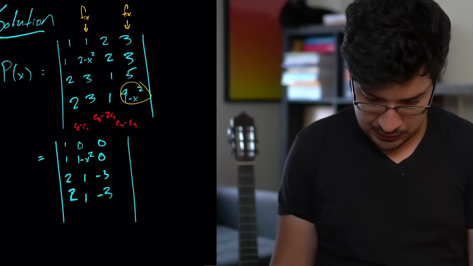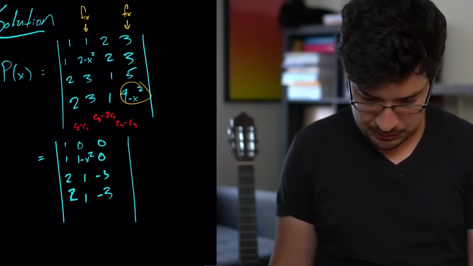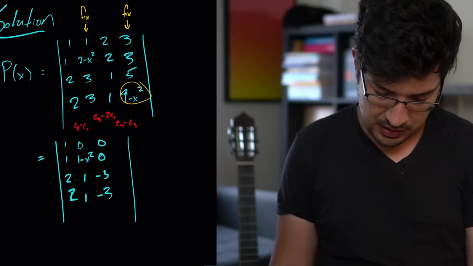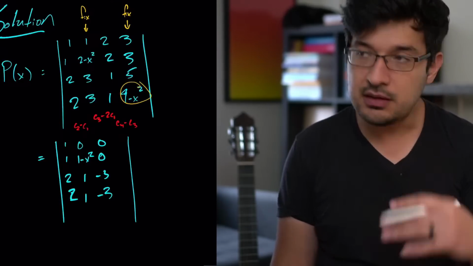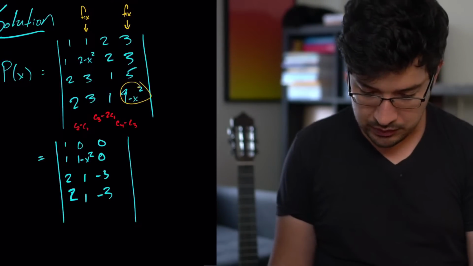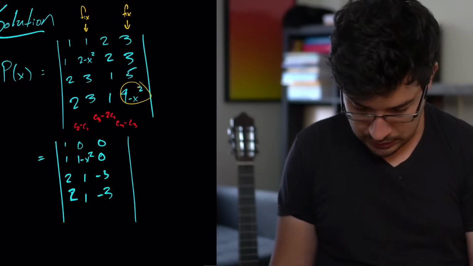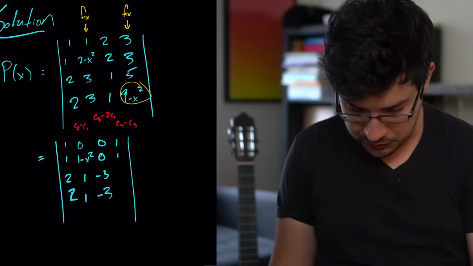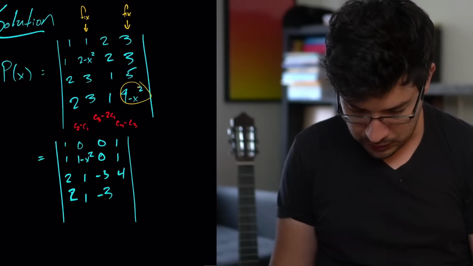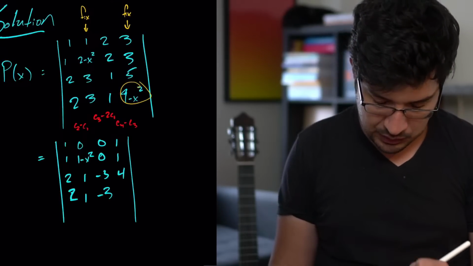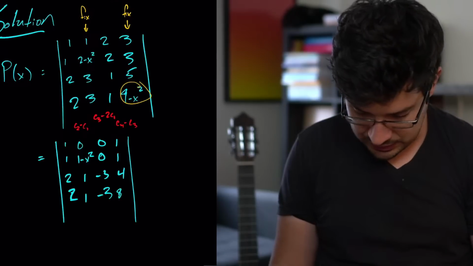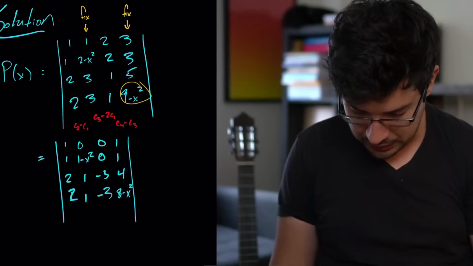And then finally, we have column 4 minus column 3, and I can use column 3 from the prior version of the matrix. So 3 minus 2 is 1, 3 minus 2 is 1, 5 minus 1 is 4, and then 9 minus x squared minus 1 is 8 minus x squared.